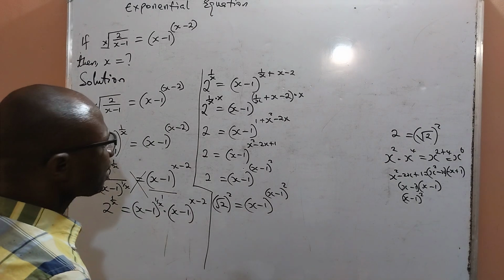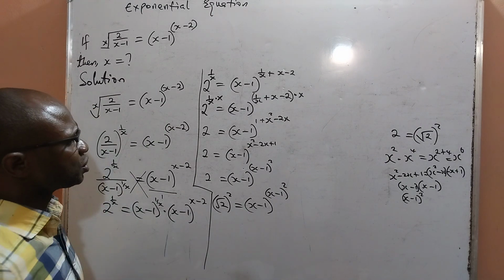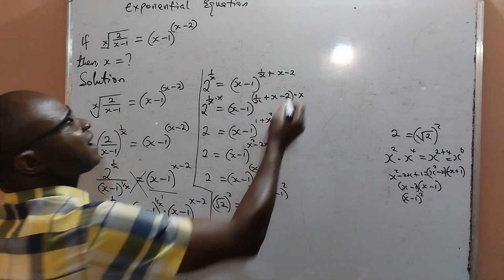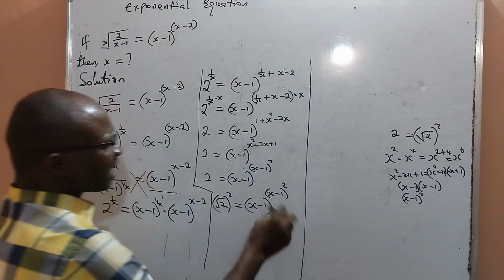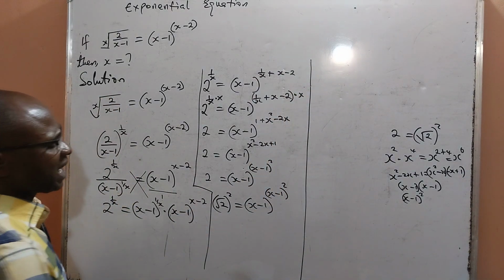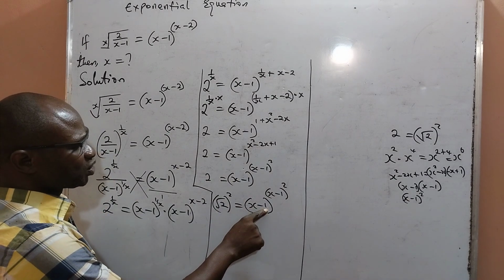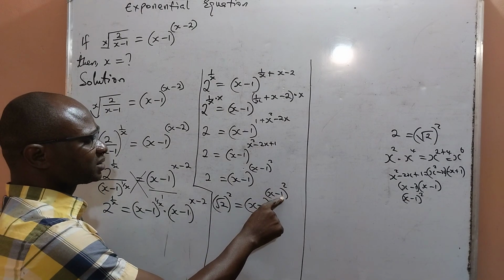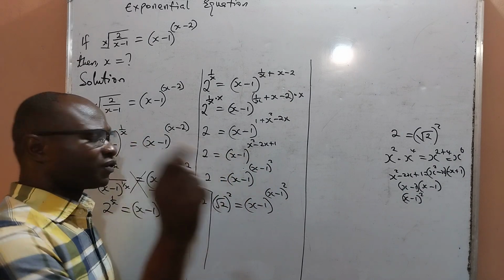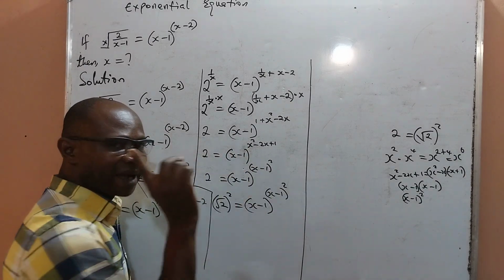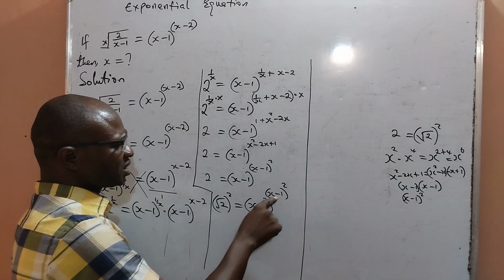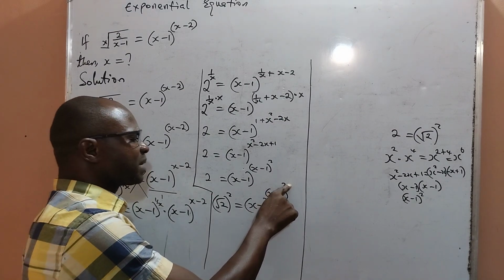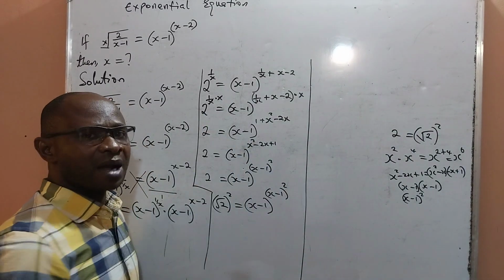Alright, now the next thing I want to do is I can write this like this. Looking at this, I want to multiply. See, I have here (x minus 1) raised to the power (x minus 1), then raised to the power 2. If you don't mind, this third power, this is the base, first power, second power. I want to multiply it by half.